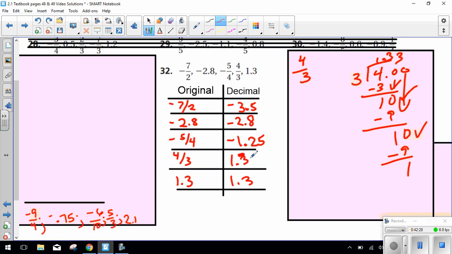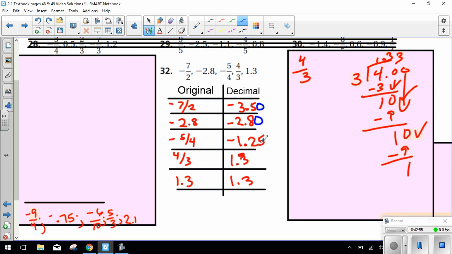Okay, and students ask me all the time, how do you tell who's bigger? And I'm going to show you. So remember in 32 how we added zeros to make everything have the same amount of decimals? Well, I have 2 decimal places here and every other has 1. So this 5 has no bar on it. So the next number is a 0. No bar, so that means the next number is 0.